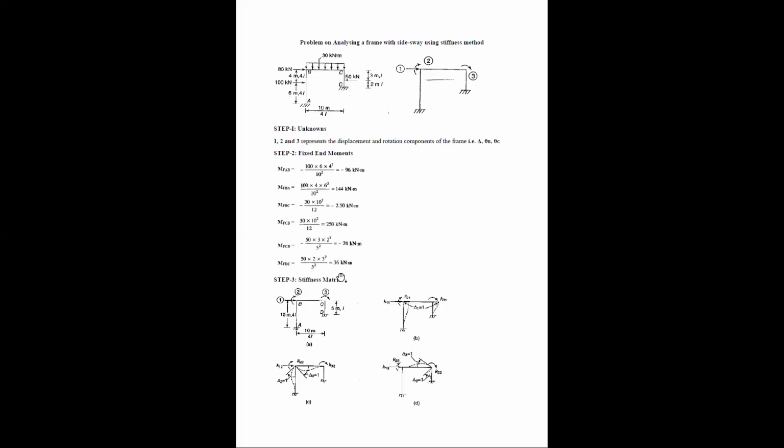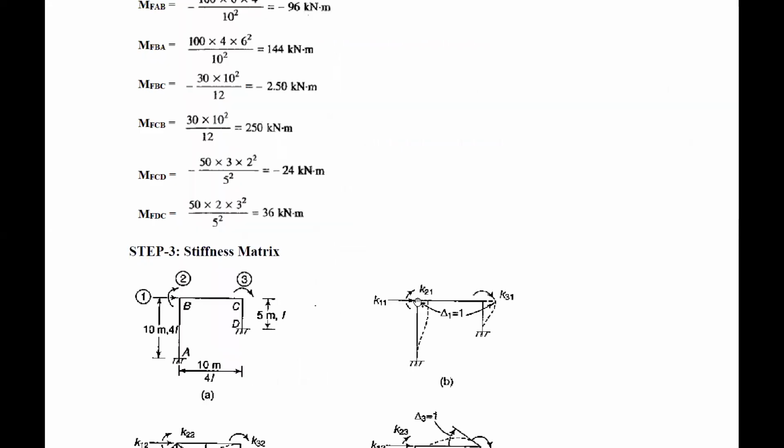As I've already explained in earlier classes, the stiffness matrix can be obtained based on the unknowns that were chosen in the first step. Here, stiffness is defined as the force per unit deformation, and we have 3 components here, 1, 2, and 3, as shown in this figure. Now we have K11, K21, K31 corresponding to the deformation component 1, that is the force at 1 due to unit deformation at 1, force at 2 due to unit deformation at 1, and force at 3 due to unit deformation at 1.